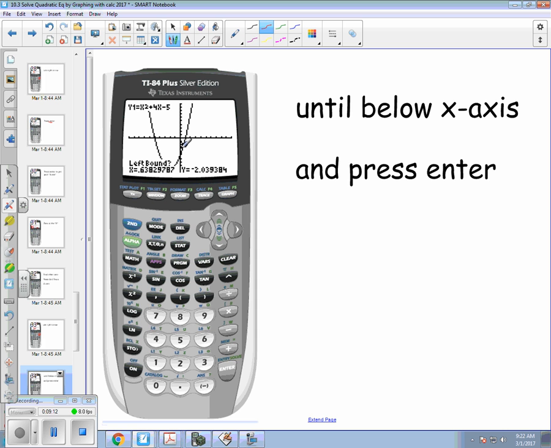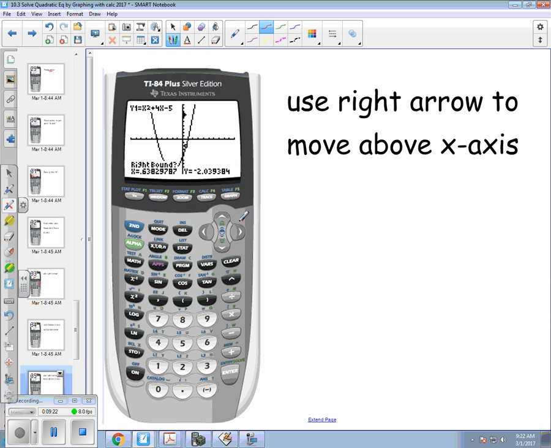Once we are below the x-axis, we're going to press enter so that we've set that left boundary. And now we're going to press the right arrow so that we can start moving our little blinky light above the x-axis to get to the right-hand side of where this intercept is.